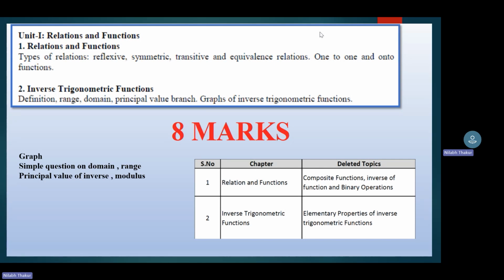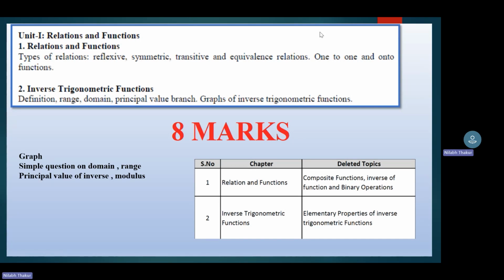So that may come, and you should practice the graph questions. Try to draw the graph of sine inverse x, cos inverse x, and tan inverse x in a certain range, 0 to pi, pi by 2 to pi, like that.